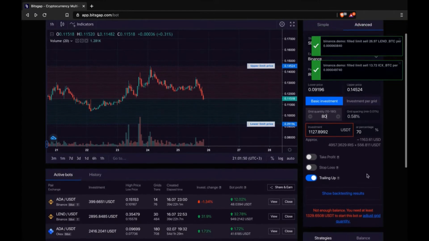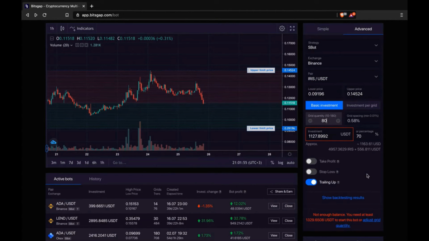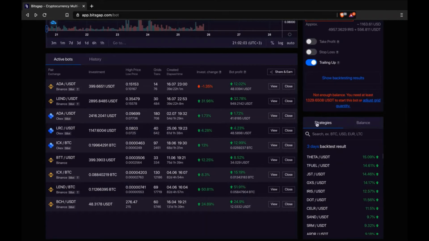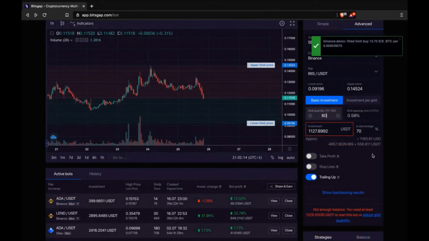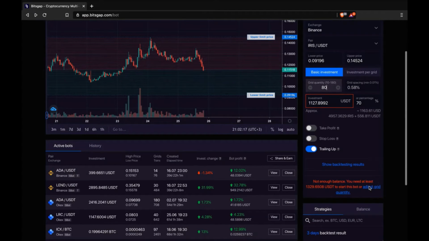As you see, the system notifies us that we have insufficient balance to launch the bot with such configurations. We should either find more capital, for instance by closing some of the active bots we no longer need, or deposit extra capital directly to the exchange account. A third option is to adjust grid quantity by clicking on this button.